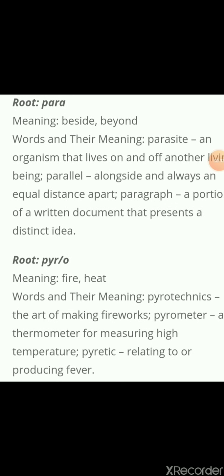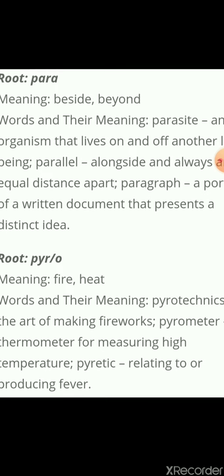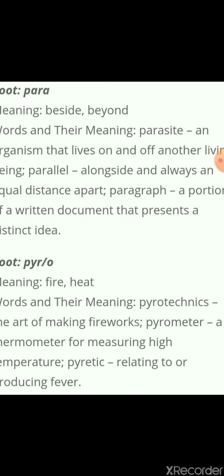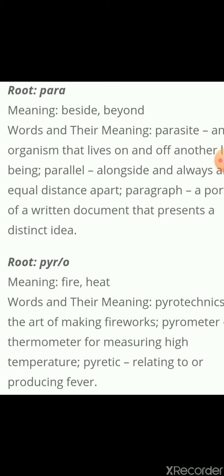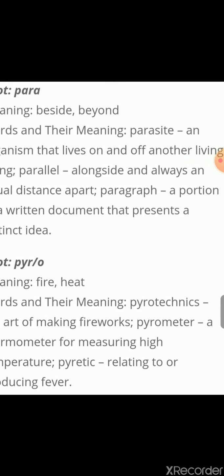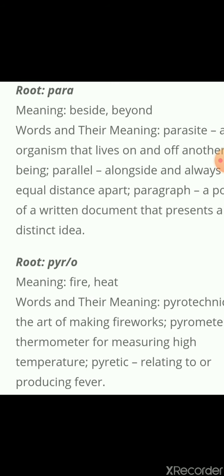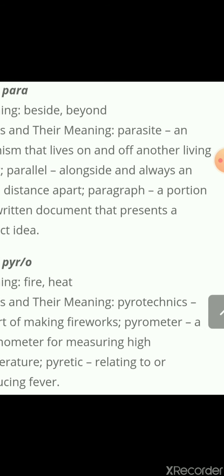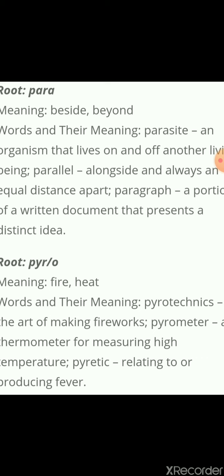Next root we have PARA. Para means beside, beyond. Look at the words and you will understand. Words and their meaning: parasite, an organism that lives on and off another living being. Parallel, alongside, and always an equal distance apart.